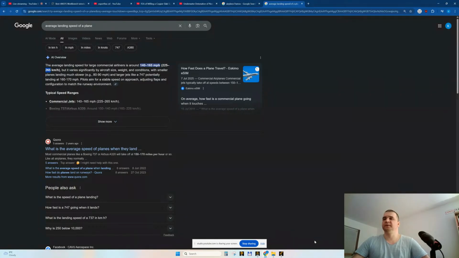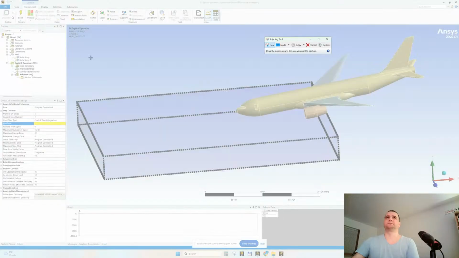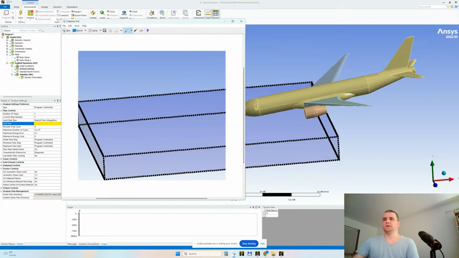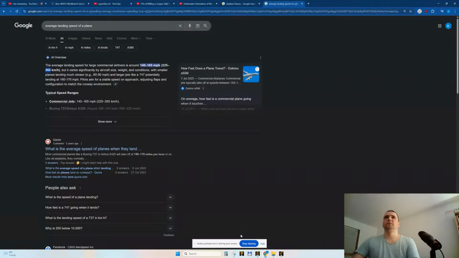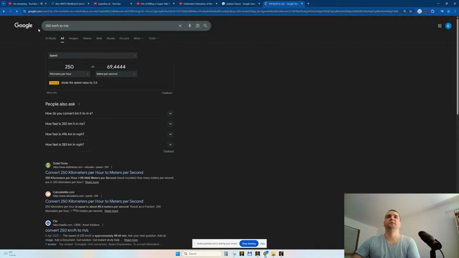Maybe we'll need to increase it, okay? Let's make a small calculation, all right? What is 260 kilometers per hour? Let's make it 250 kilometers per hour in meters per second. How much? Let's have 70 meters per second, all right?